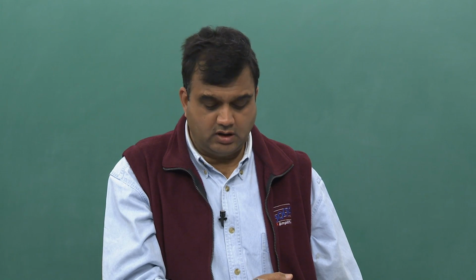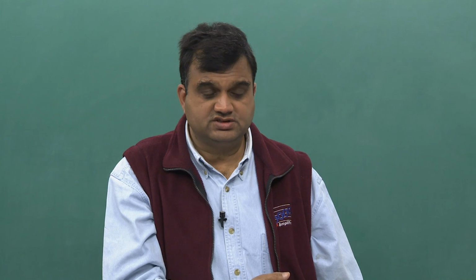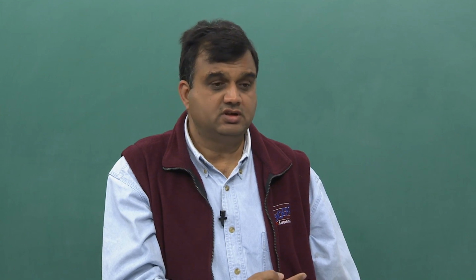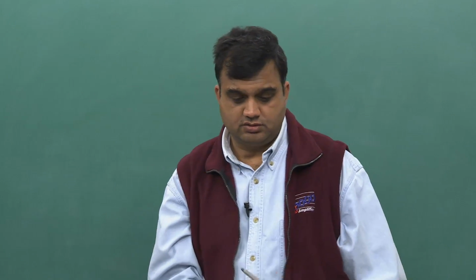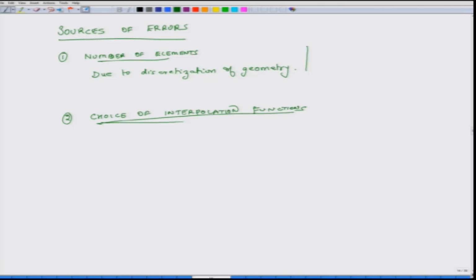If the order of interpolation function is low, then error tends to be more. Okay. So this is due to choice of interpolation functions. And these are the two sources of errors which we had discussed earlier, but there is a third source also. Third source of error is numerical error.